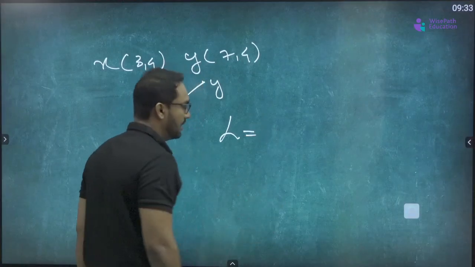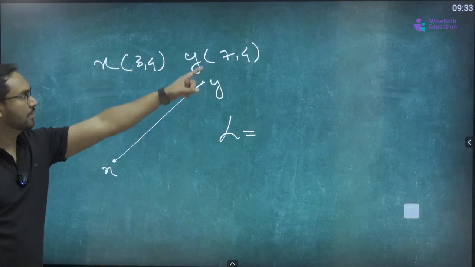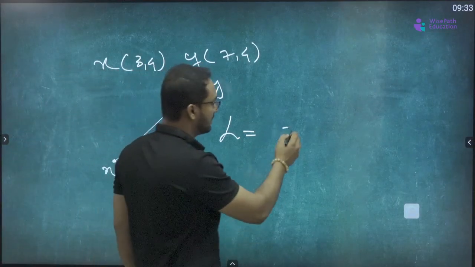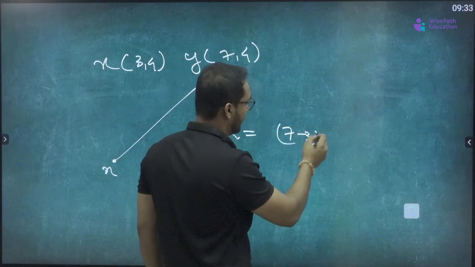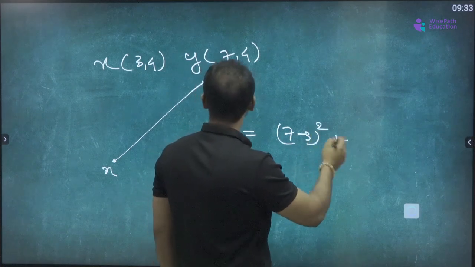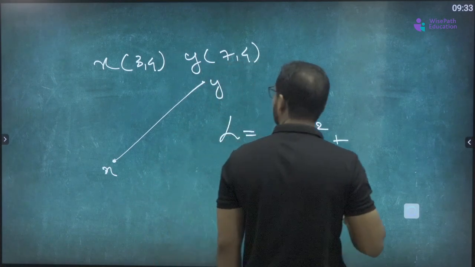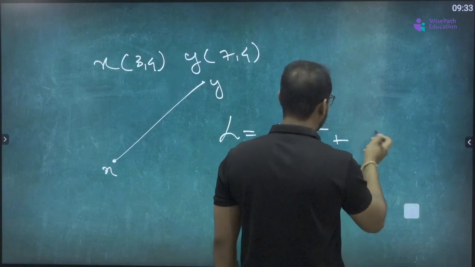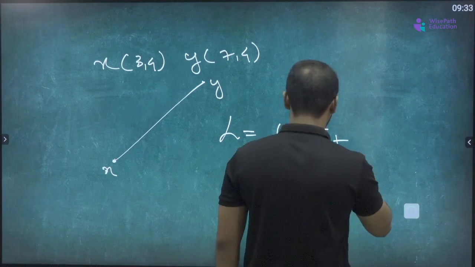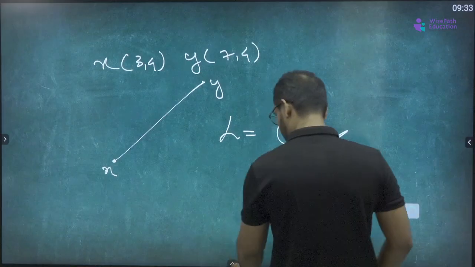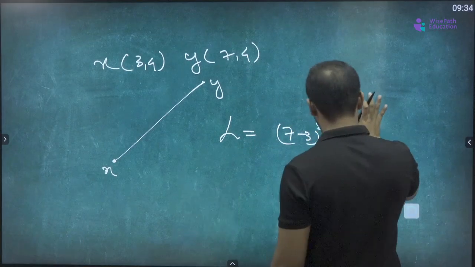So simple, length equals the difference of the two x coordinates, that's 7 minus 3 squared, that will be 4 squared, plus the difference of the two y coordinates, that is 4 minus 4, that is 0. So you don't even have to take it, keep it 0, right?